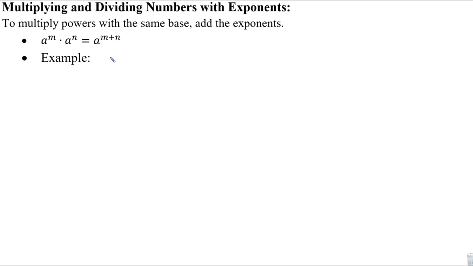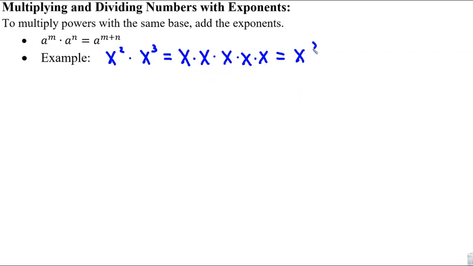Well, why is this true? Let's say I have x squared, and I'm multiplying by x to the third. What is that going to be equal to? X squared means x times x, and x to the third means x times x times x. How many x's do I have here? 1, 2, 3, 4, 5. I have 2 plus 3 x's.